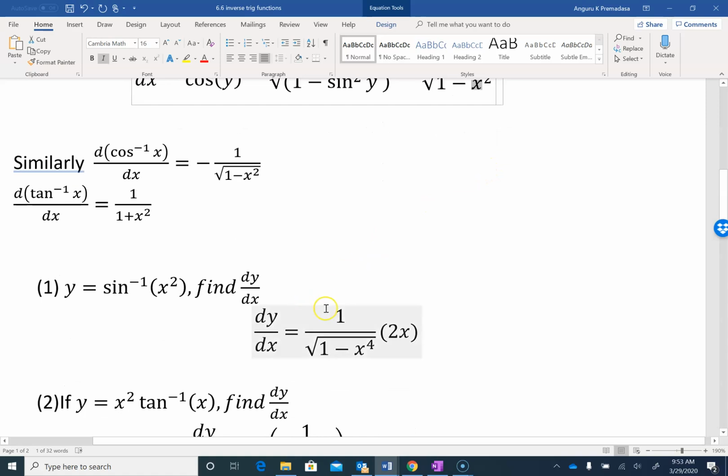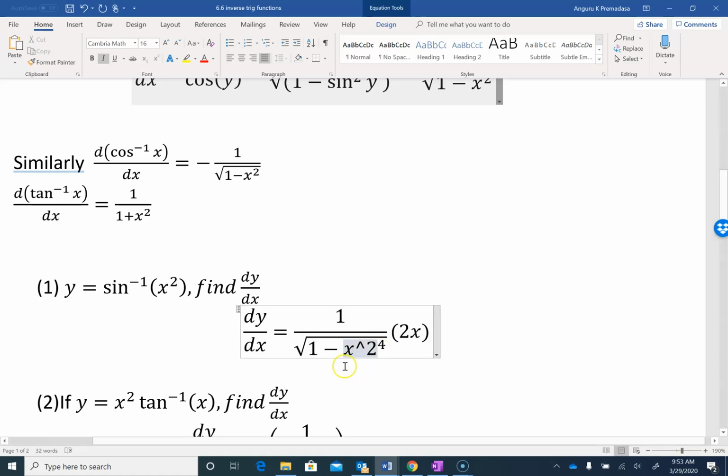Okay. So it's 1 over 1 minus... what is here? It's x squared, so it's really x squared squared. So let me maybe write it like that.